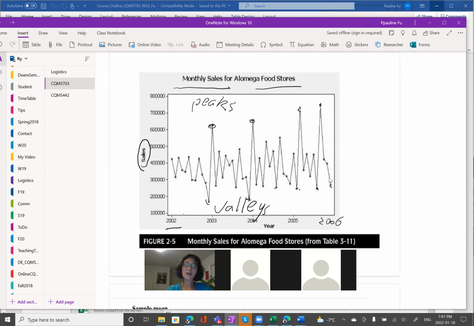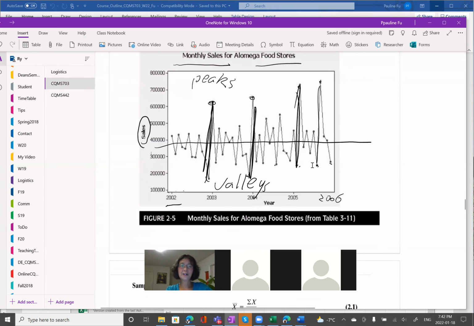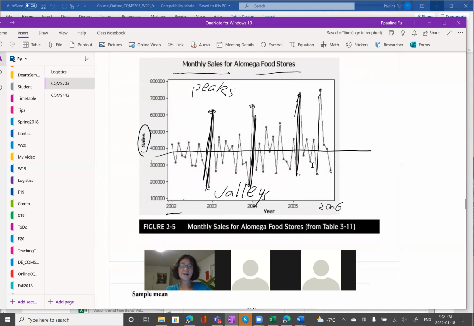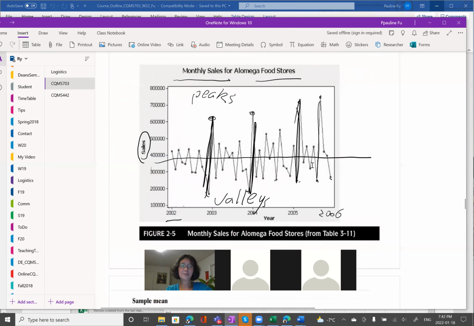And you also see the range between peaks and valleys. And over time, this is typical data for time series. Although it has peaks and valleys, it looks like the data change around this line. This is the trend line. So this is how we analyze the monthly sales.